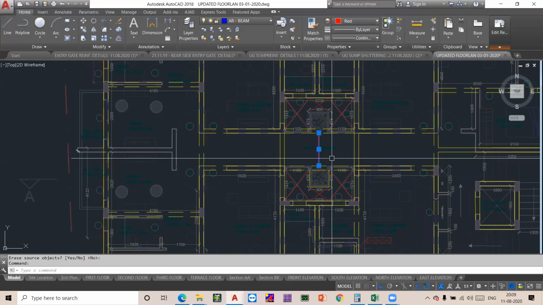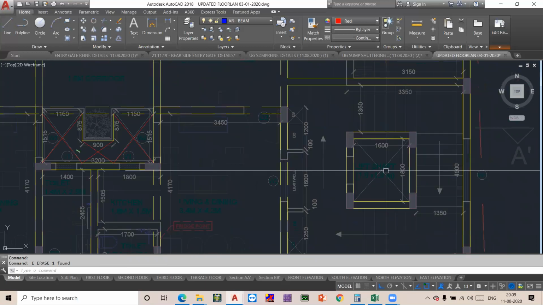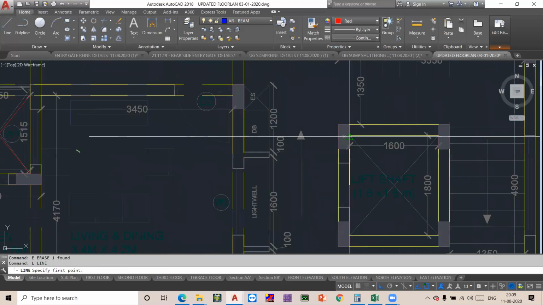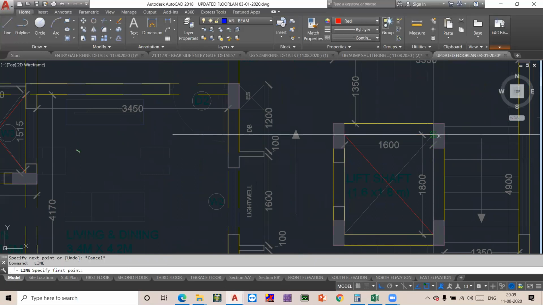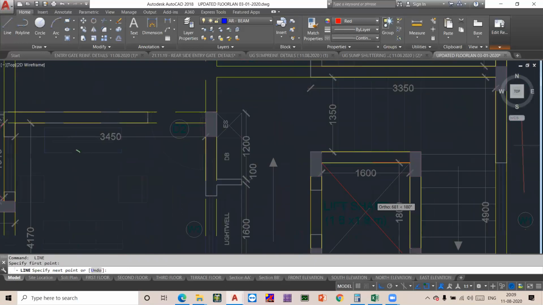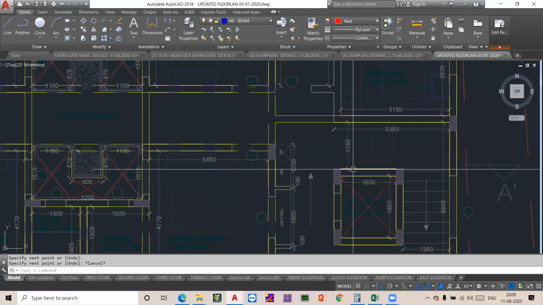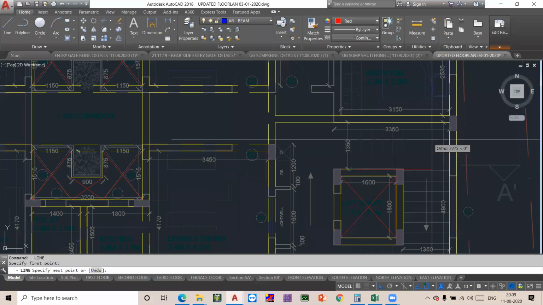Okay, it is being mirrored. Now, two more cutout areas are my lift and my staircase.